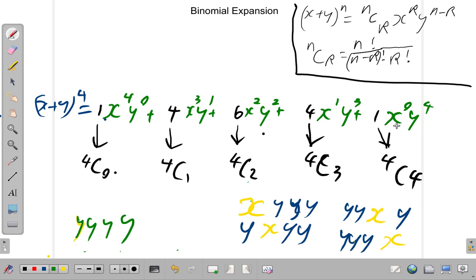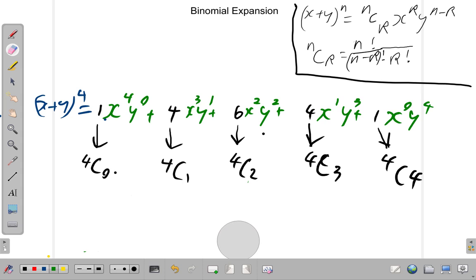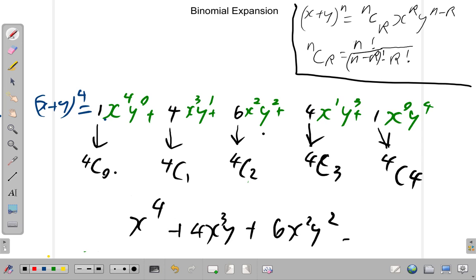So we have this as our answer. If you are going to write this down, you will just end up writing x to the 4 plus 4x cubed y plus 6x squared y squared plus 4xy cubed plus y to the 4th. And there would be your final answer for this.